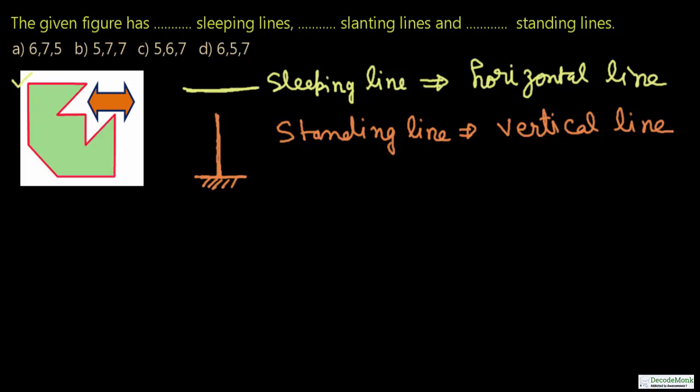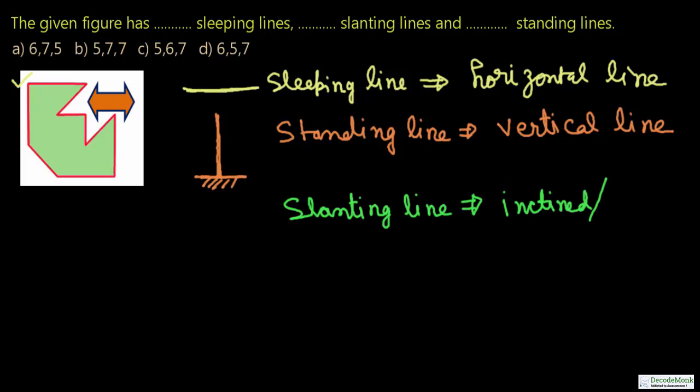Lastly, we have slanting lines. Slanting lines are lines which are inclined or slanted. What is inclined or slanted? It means lines which are neither sleeping lines nor standing lines. They may be like this, they may be like this.